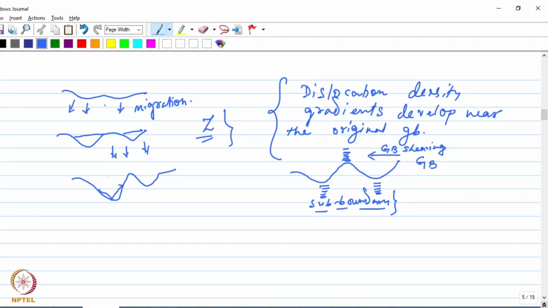Now if you look at the evolution of this entire process, as to how it progresses once the serrations form on the grain boundaries, first at lower strengths, the grain boundary sliding or migration, as we were talking about, can take place.